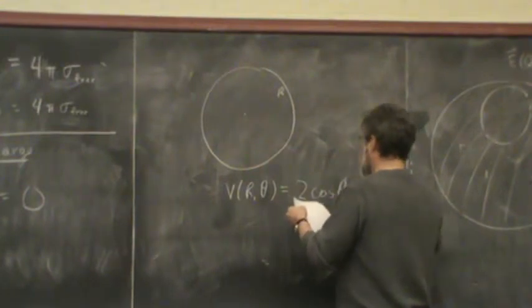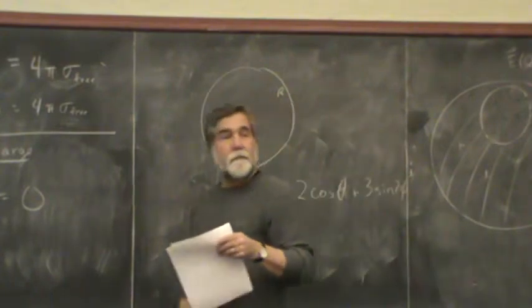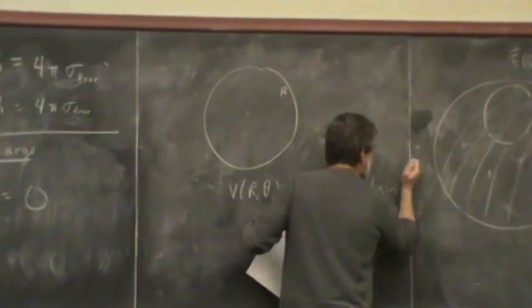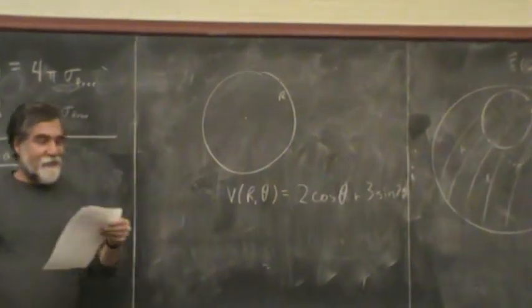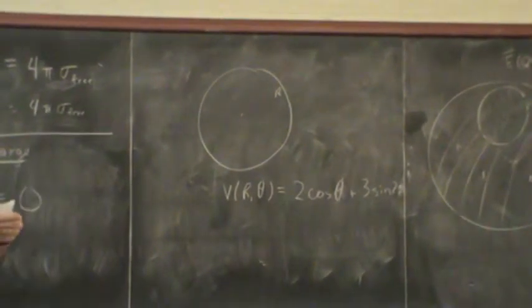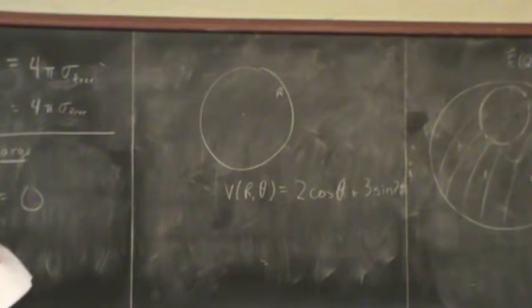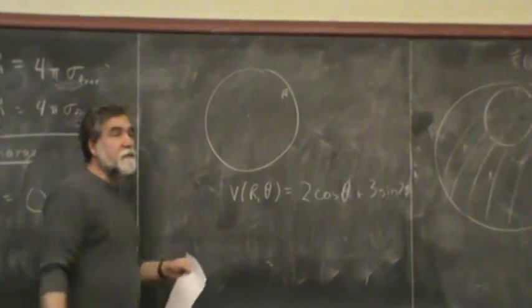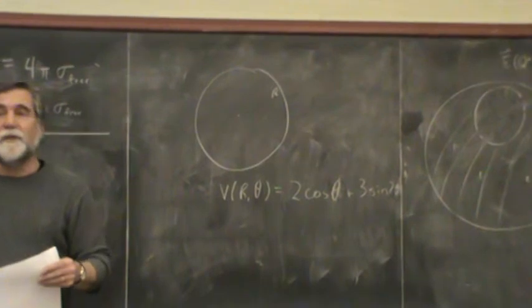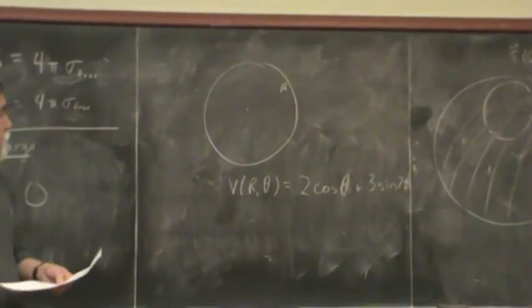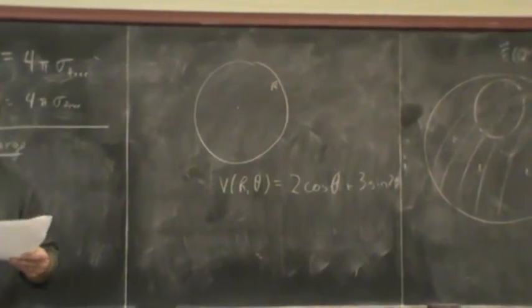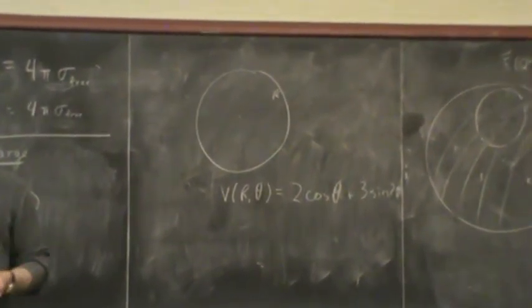I don't care. Just write it down. The potential is that. Find the potential inside and outside of that tube surface. Is that a sine squared theta or a sine 2 theta? That's a sine 2 theta.